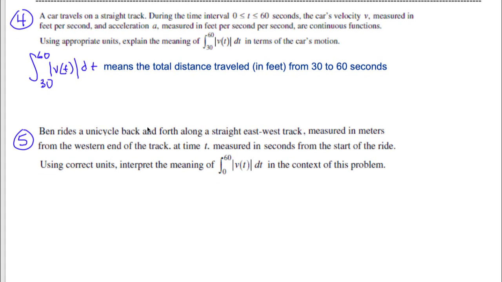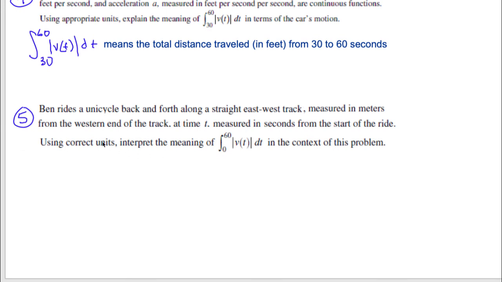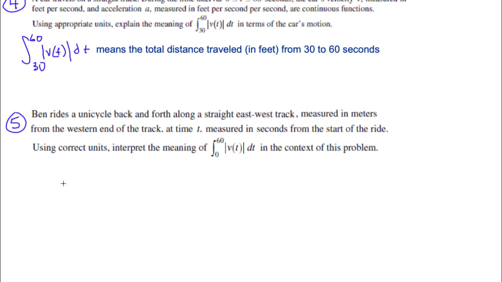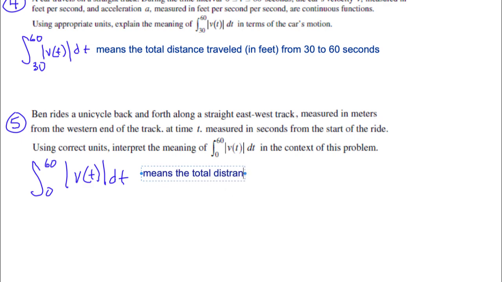And using the correct units, explain the meaning of this thing. I'm going to rewrite that first so I don't make mistakes. This thing from 0 to 60, the absolute value of v(t) dt, means the total distance traveled. What are our units?